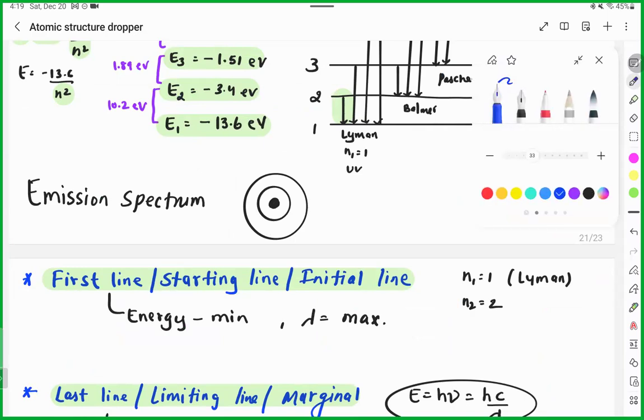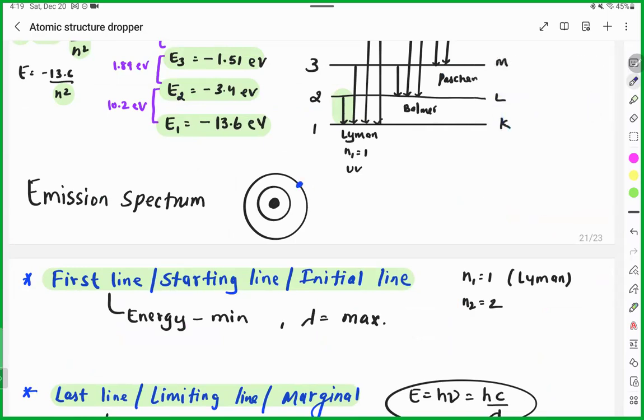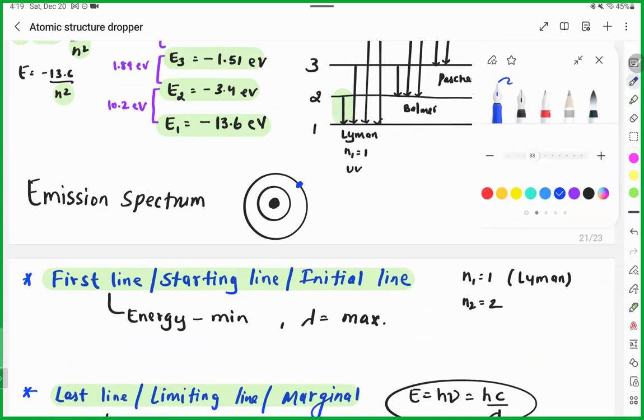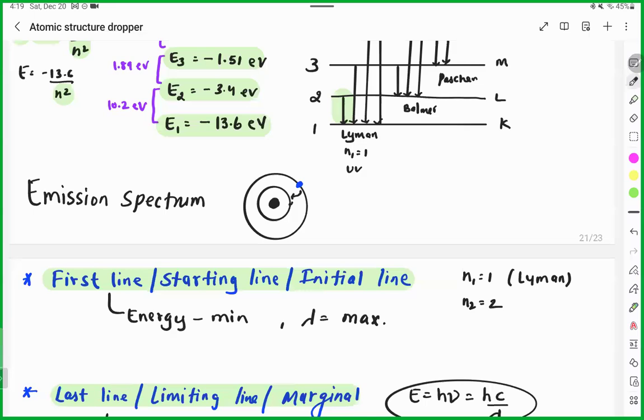For example, here the electron was present earlier, but it came down to the first shell. It means it will emit some light, and the same light we are representing in the form of the number of spectral lines. Understood?